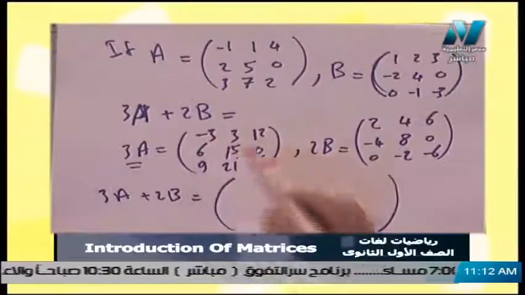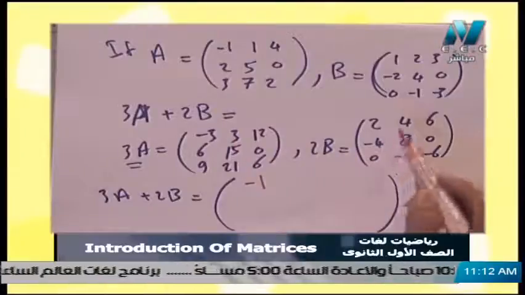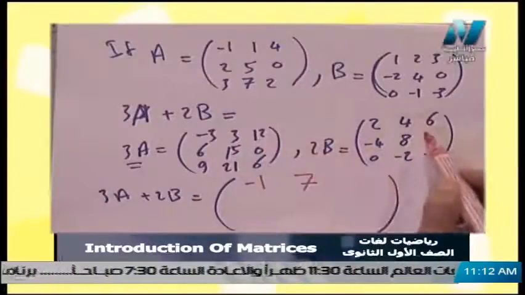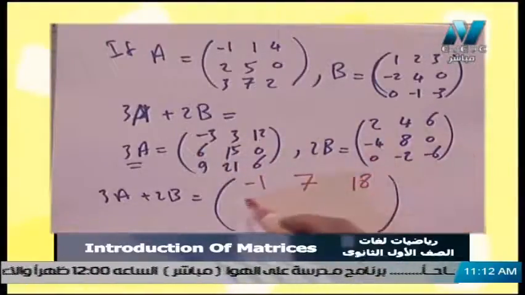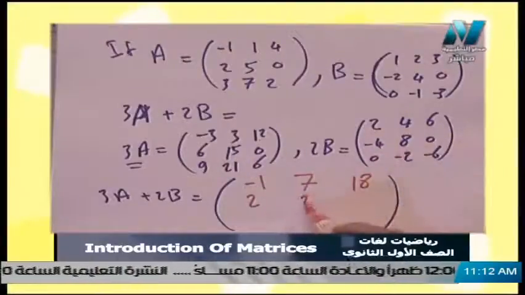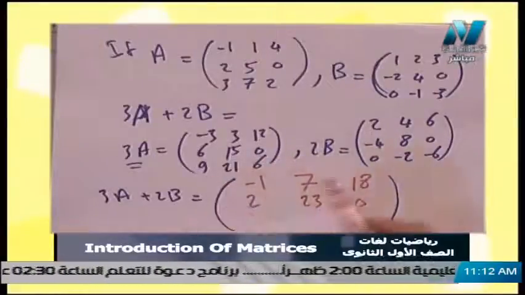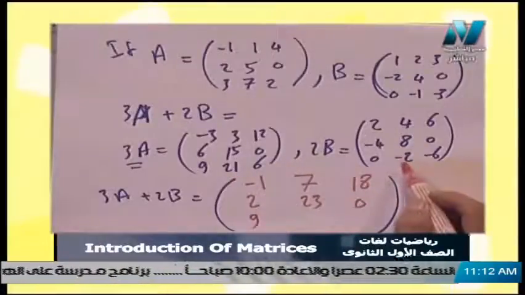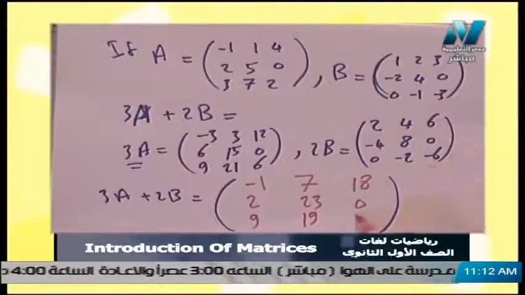So -3 plus 2 equals -1. 3 plus 4 equals 7. 12 plus 6 equals 18. 6 plus -4 equals 2. 15 plus 8 equals 23. 0 plus 0 equals 0. 9 plus 0 equals 9. 21 plus -2 equals 19. 6 plus -6 equals 0.